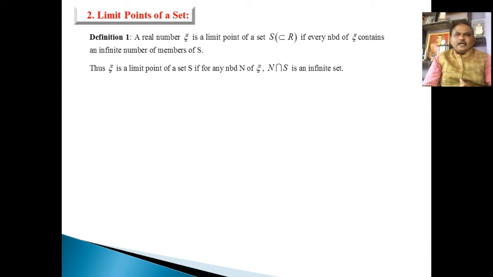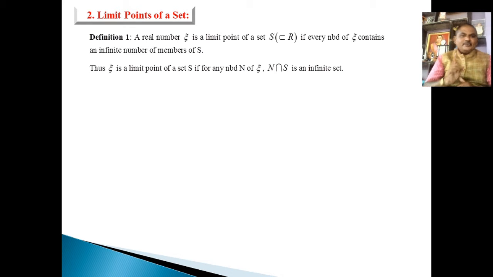A real number xi is a limit point of the set S, S a subset of the real number set R, if every neighborhood of xi contains an infinite number of members of S. Thus, xi is a limit point of S if for any neighborhood N of xi, N intersection S is an infinite set.